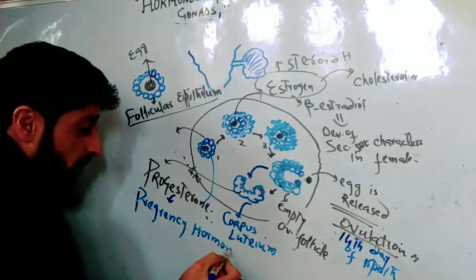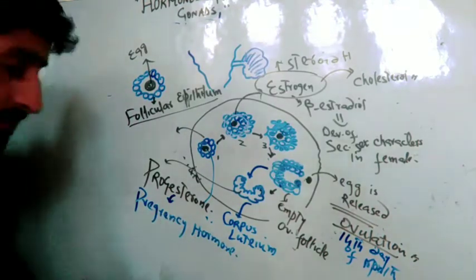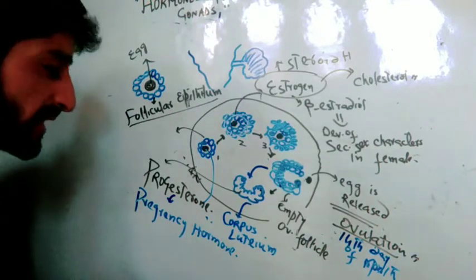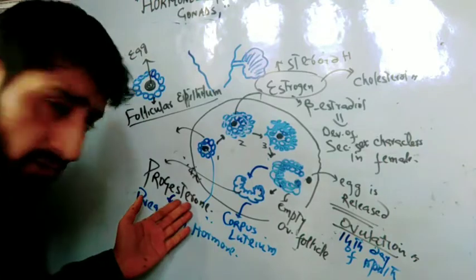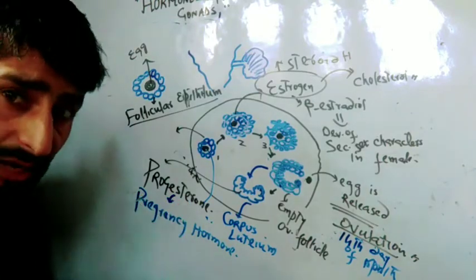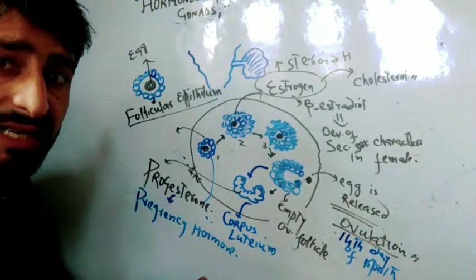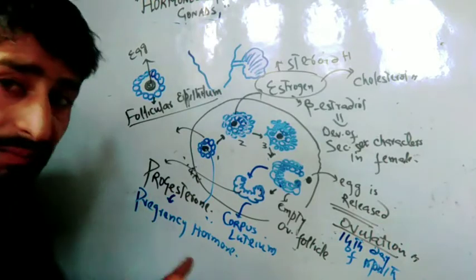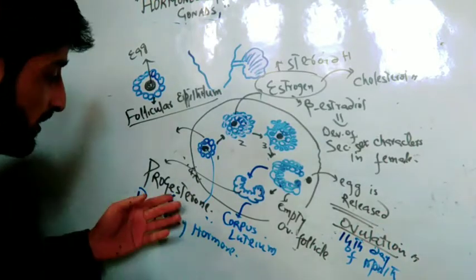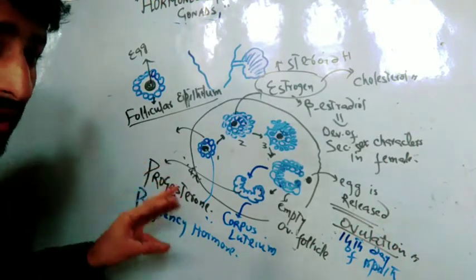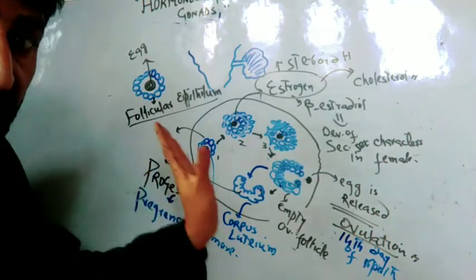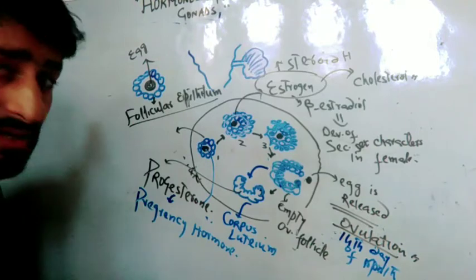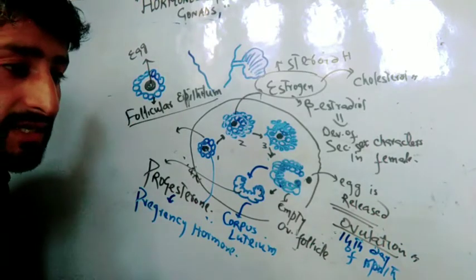The level of progesterone hormone is very high in pregnant mothers, because it is this progesterone hormone that helps the female to maintain her pregnancy for complete 9 months by performing several biological activities inside the female reproductive system. What are these activities? That will be discussed in next lecture, inshallah.